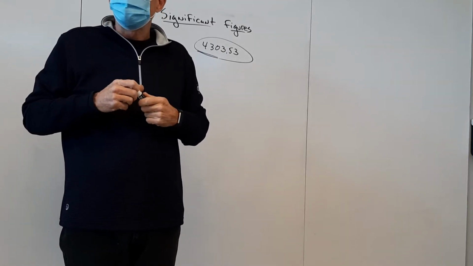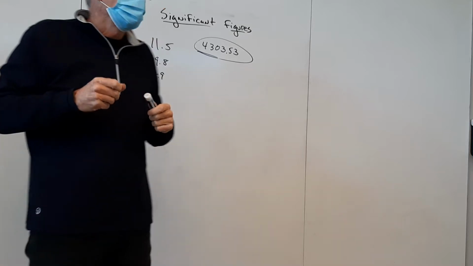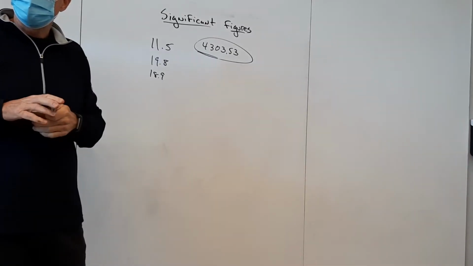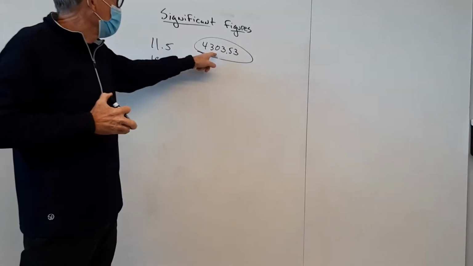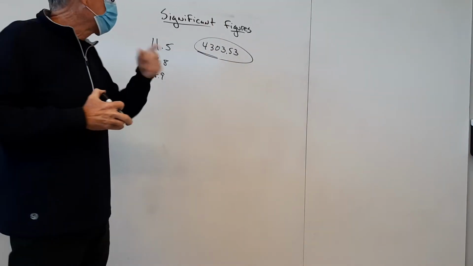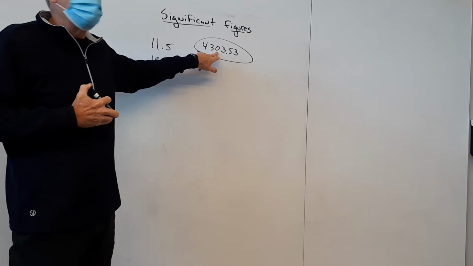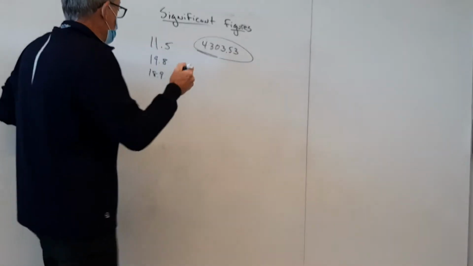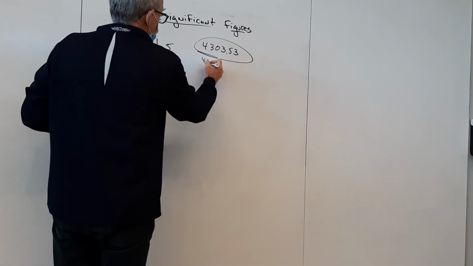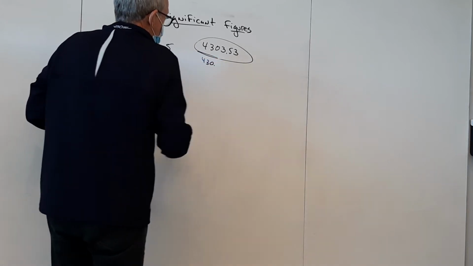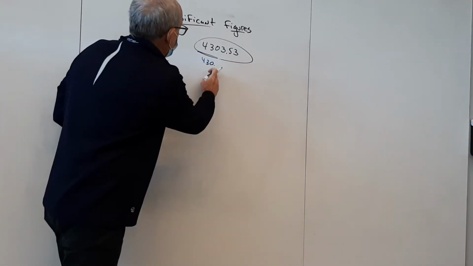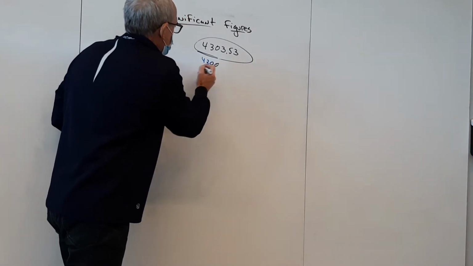I don't get how that number with the 0.53 is less precise than if it was just 4,303.5. Well, in fact, even this number is going to be, what it should be, and I'll explain to you, 4,300. 3,000, excuse me. That's what the answer should be.